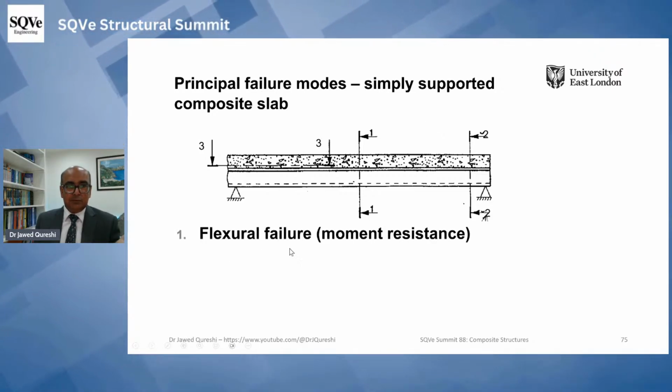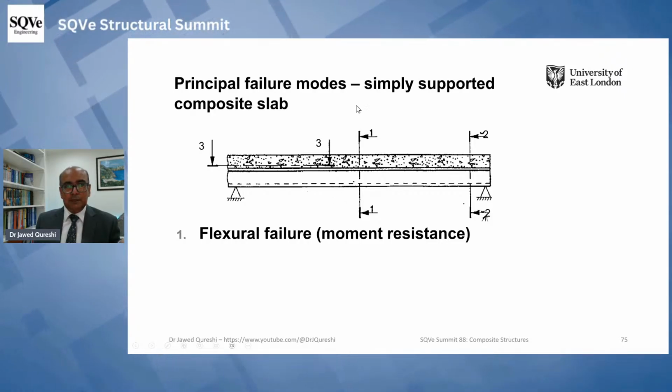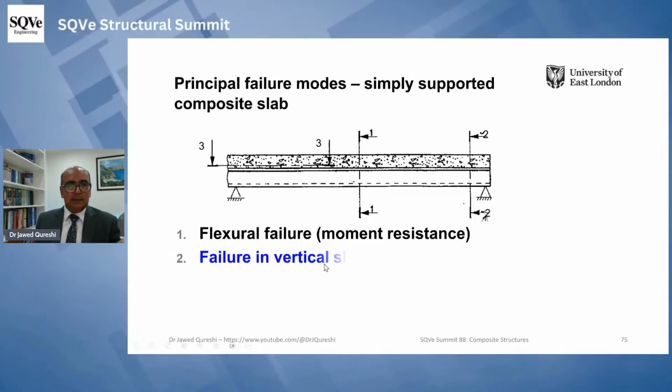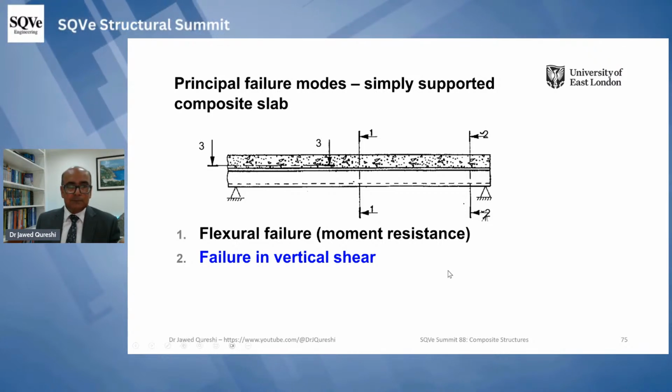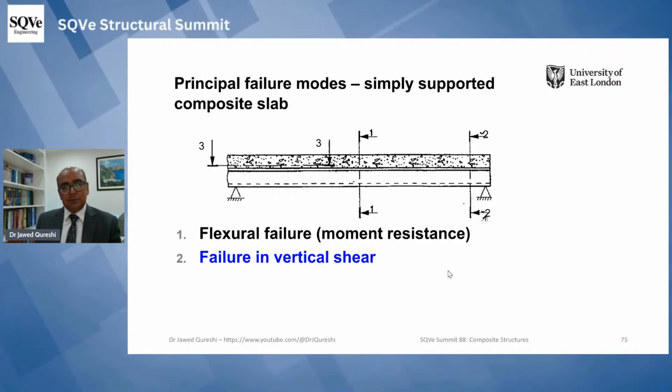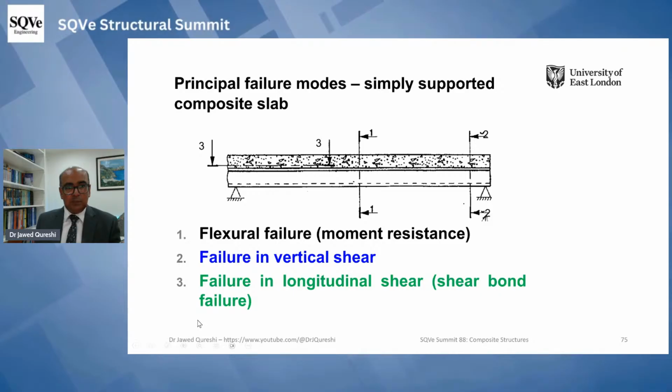One is flexural failure, which happens at this one section, and one section is over here. And second is failure in vertical shear, which happens at this point, near supports. Now, these are typical failures in any beam type structure as well. What is different from a beam type structure here is the third one, which is failure in longitudinal shear.